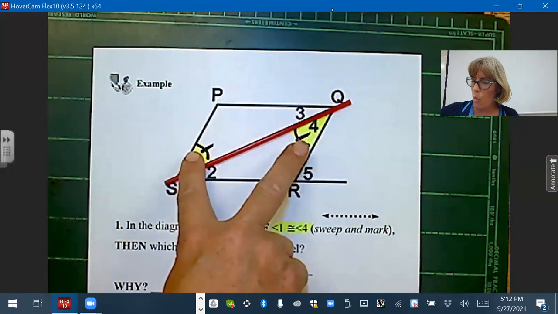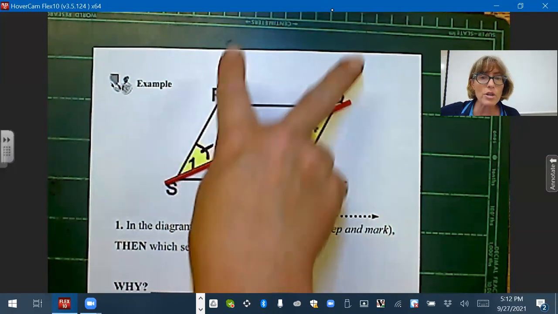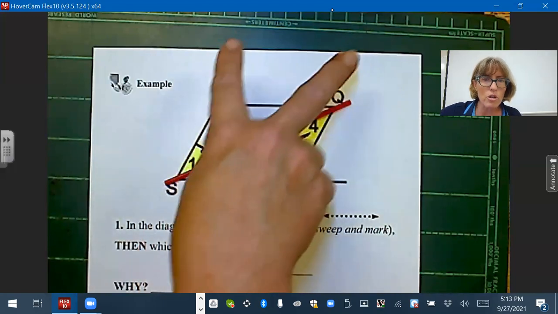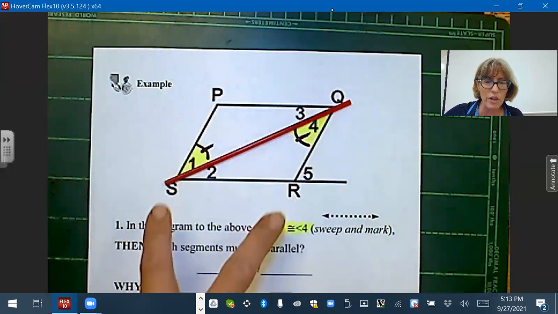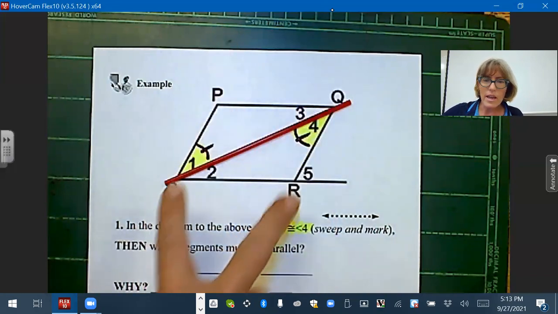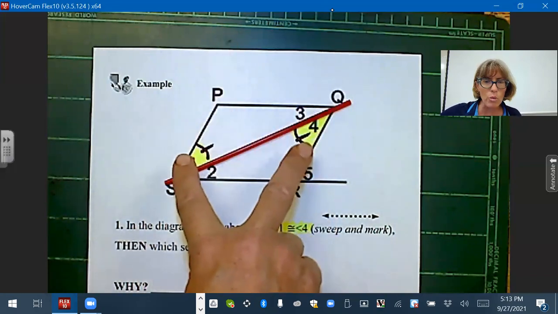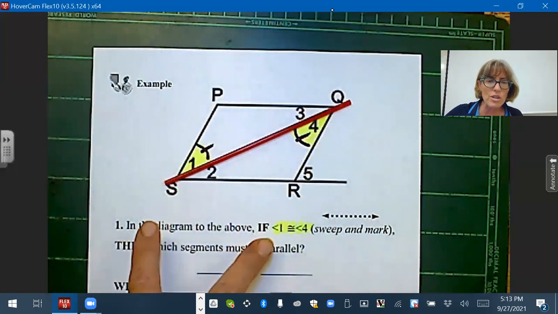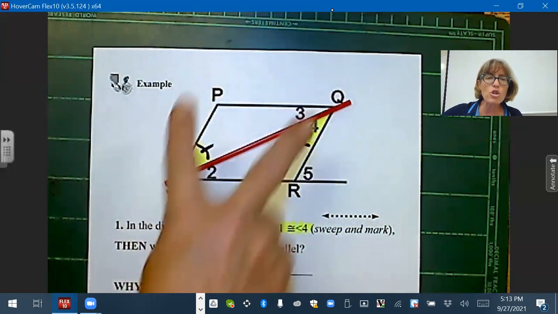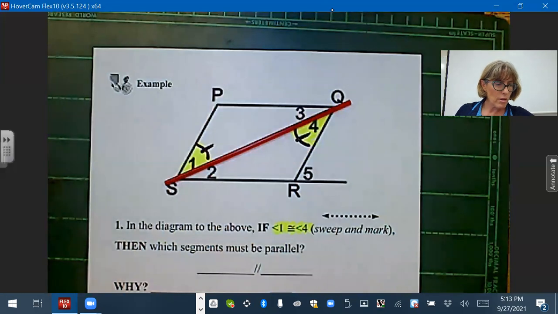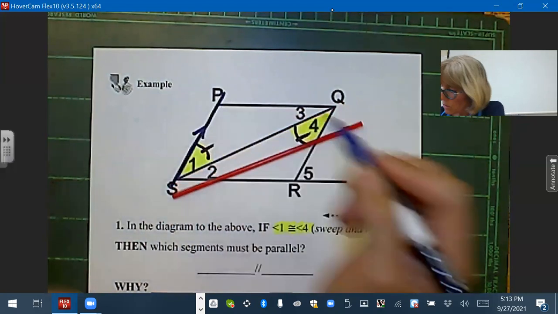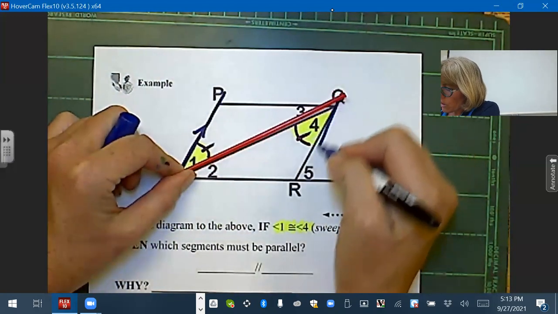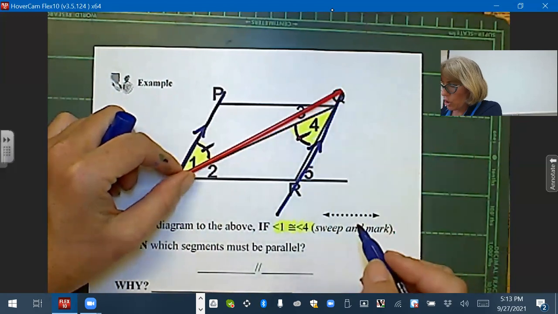My 1 and 4 are also connected to these lines. Look at my fingers. Super important you look at my fingers here. Do exactly what I'm doing with your fingers. If 1 and 4 are congruent, that forces these 2 lines to be parallel, which would be PS, I'm going to keep it here, and RQ.